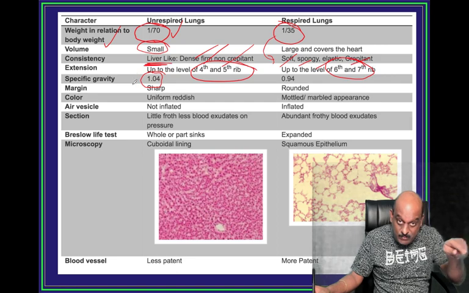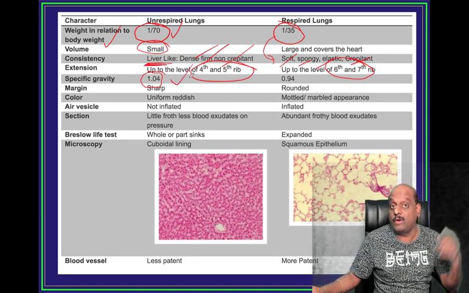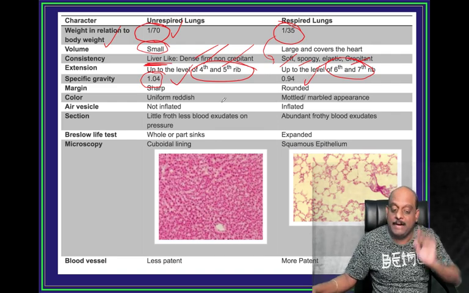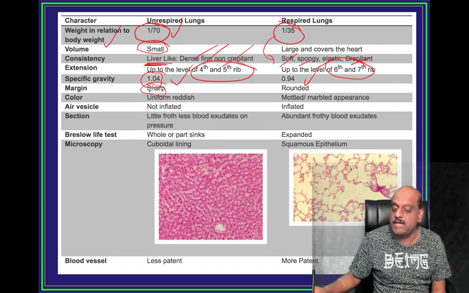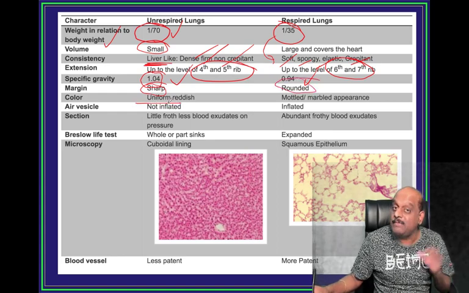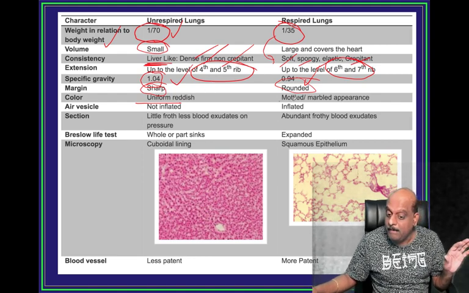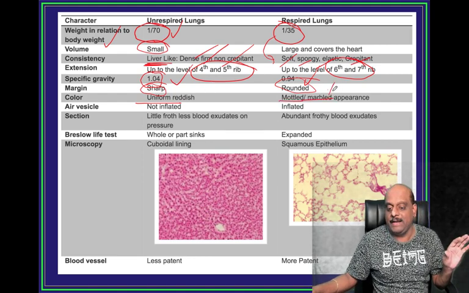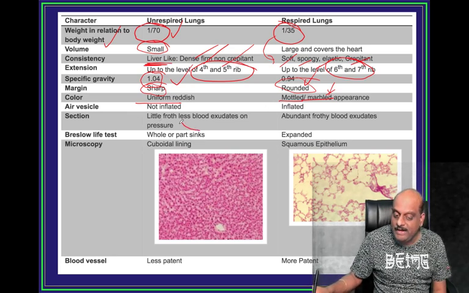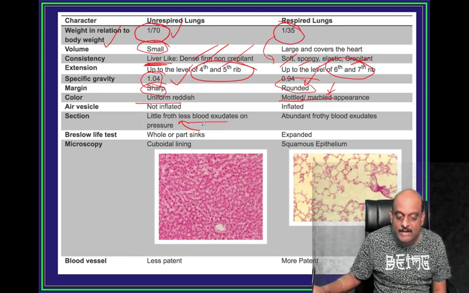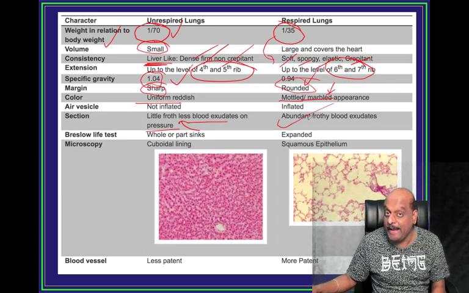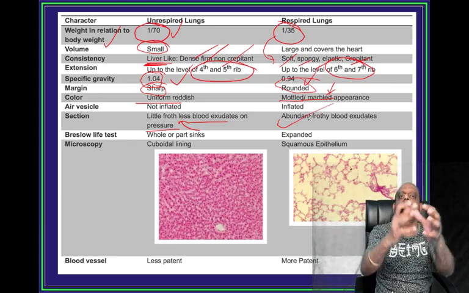Specific gravity, that is what the examiner is asking: 1.04 if unrespired, 0.94 if respired. The margin is very sharp in unrespired, rounded in respired. The color is uniform reddish in unrespired, mottled with a marble appearance if respired. There is very little froth and less blood exudate on pressure in unrespired, but abundant frothy blood exudate if respired.